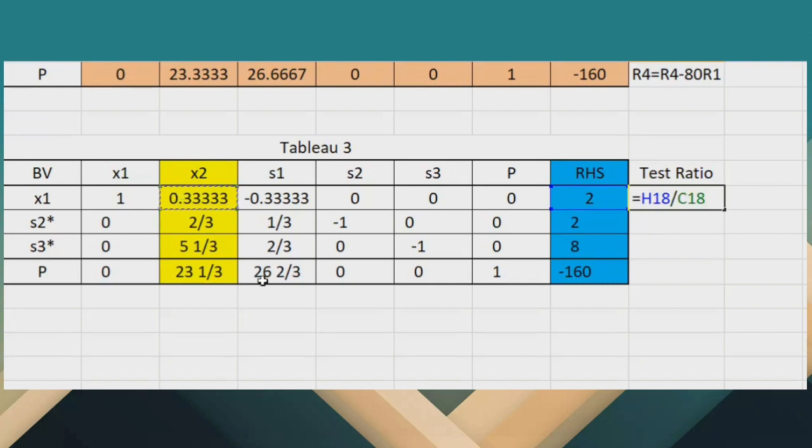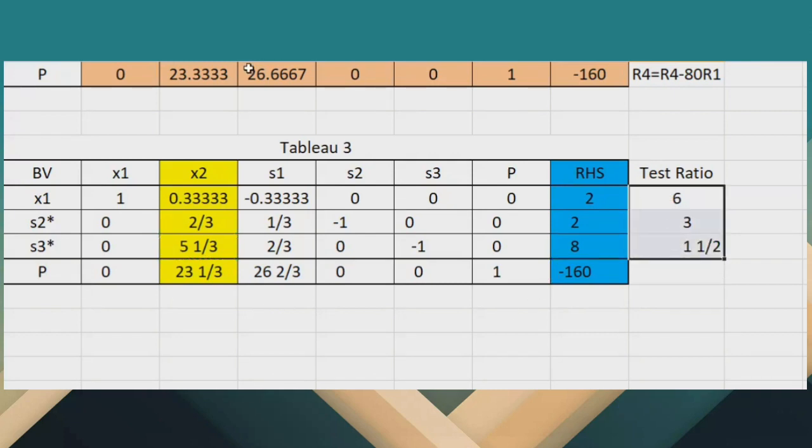Yung 0.3333, 1/3 ha. So, anong sagot? 6. Tama? Next, equals to, that is H19 divided by 2/3. That is C19, cell 3. The next, 8 divided by 5 and 1/3. 1.5.